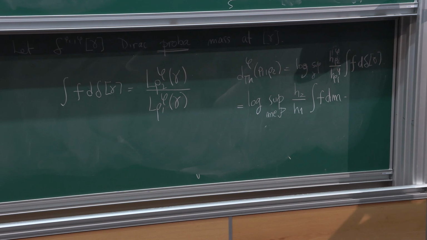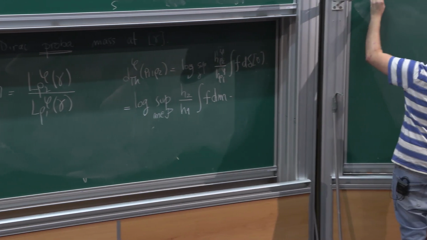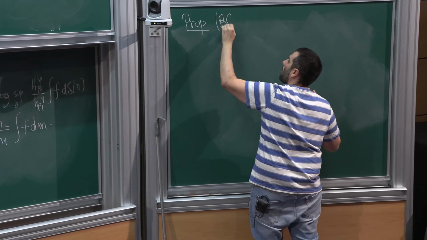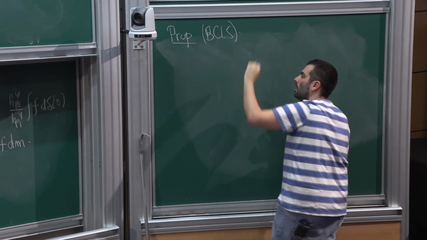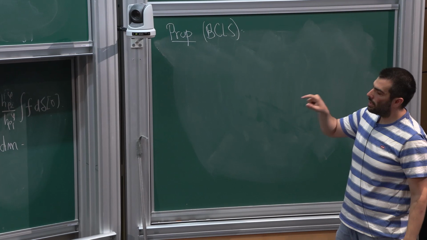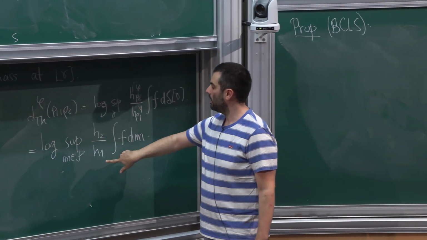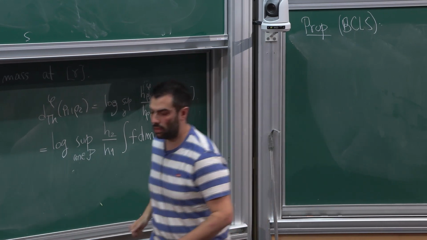So what do we do? We apply this proposition, which is key in the construction of the pressure metric as well, which is: there is a specific measure for which this number here satisfies a rigid inequality, okay?